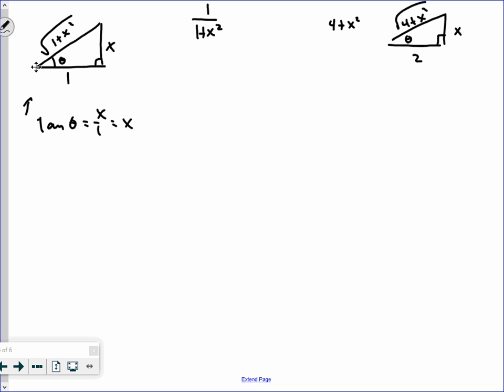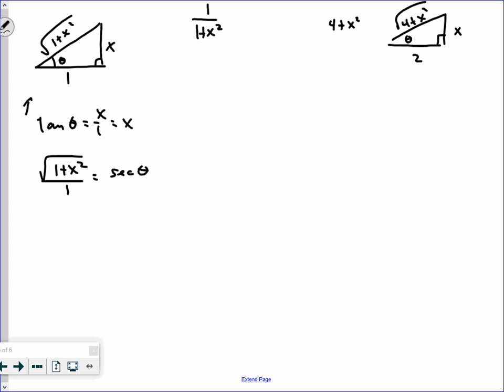Okay. The tangent of theta is the opposite over the adjacent, or it's just x. So there's actually your substitution. And as far as the square root of 1 plus x squared, that's the hypotenuse. The hypotenuse over the adjacent is the secant of theta.